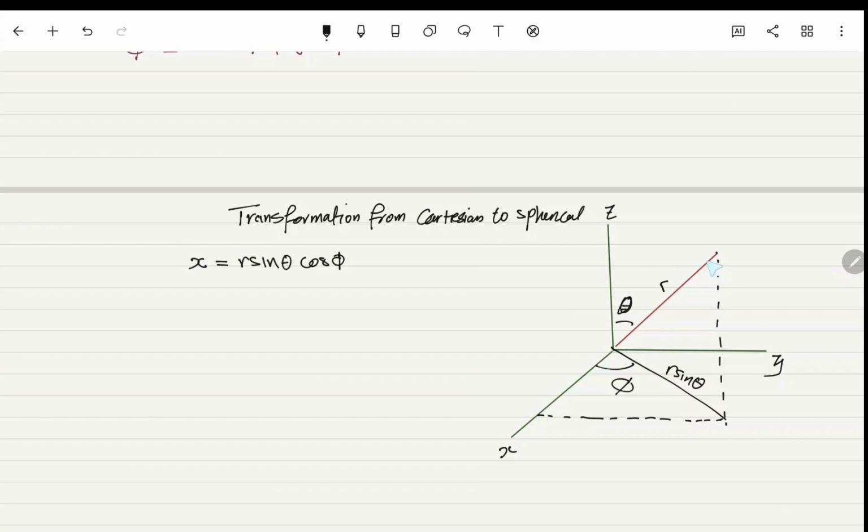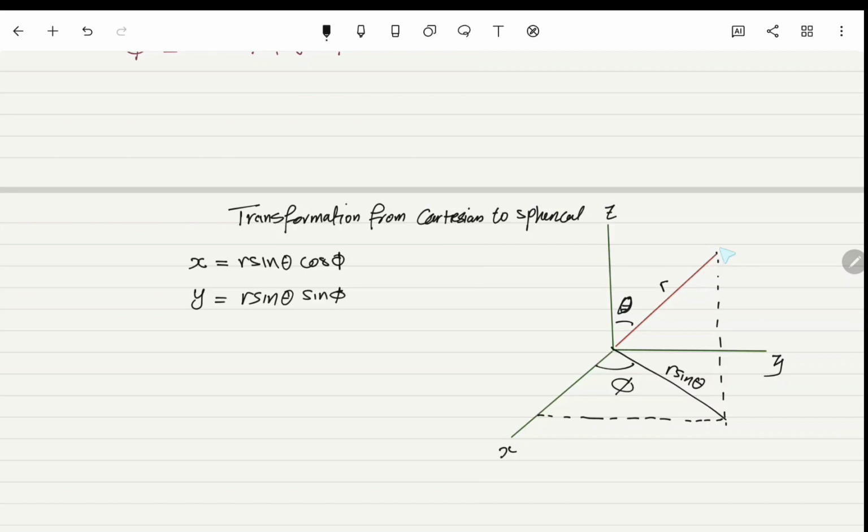Again, this r here has intercept in the xy plane, and the new name for this vector will be r sine theta, and it has intercept on the y-axis, and if this is phi, it will be r sine theta sine phi. So y equals r sine theta sine phi. This is pretty simple, this one here.